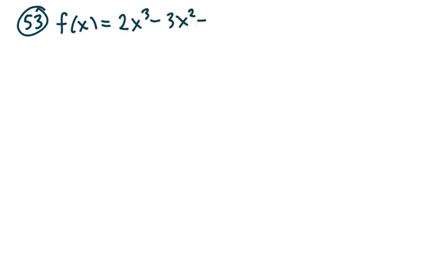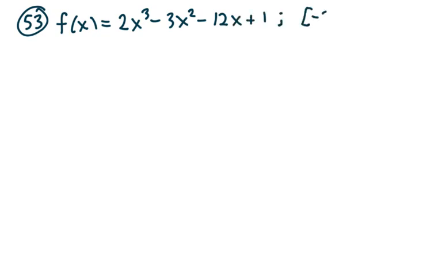Let's take a look at problem number 53. So on problem number 53, we have the following. We have f of x equals 2x cubed minus 3x squared minus 12x plus 1.